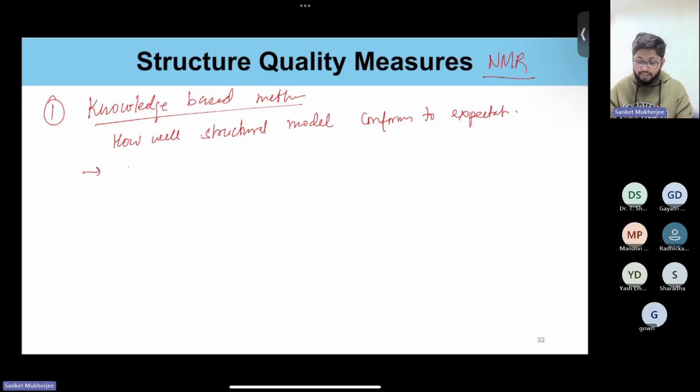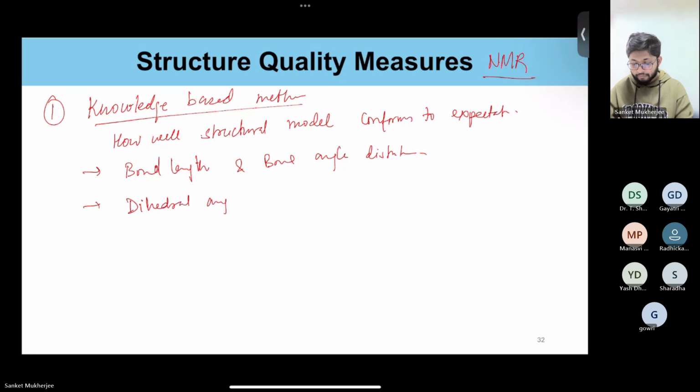So here you will see the bond length and bond angle distribution, the dihedral angles, the atomic packings, hydrogen bonds, all these kind of things. You would verify whether they are in their optimal conformation.